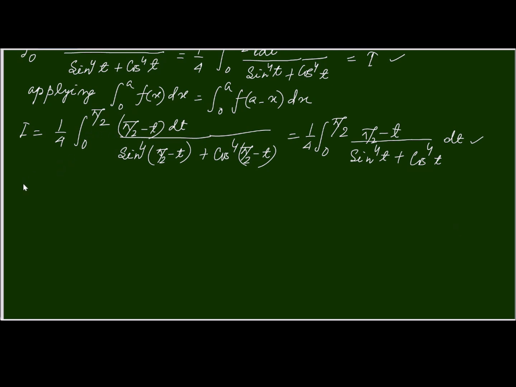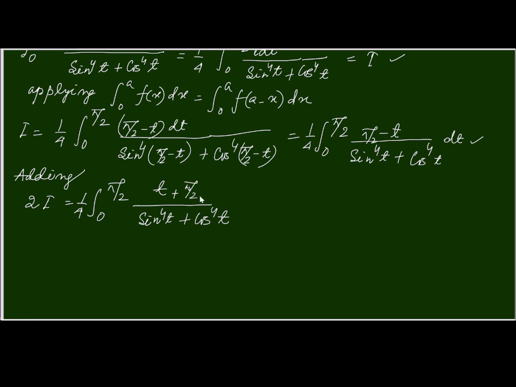So adding them, twice integral equals the same, they have the same denominator. The numerator will be t plus pi by 2 minus t.